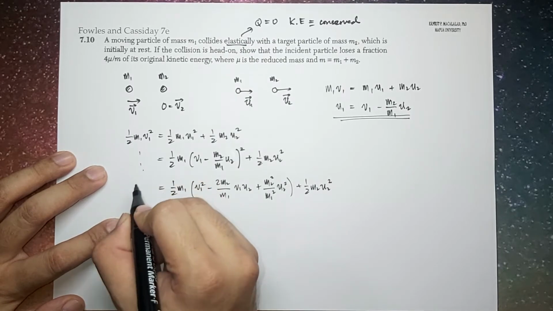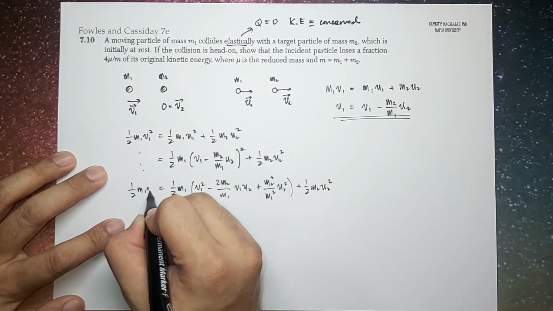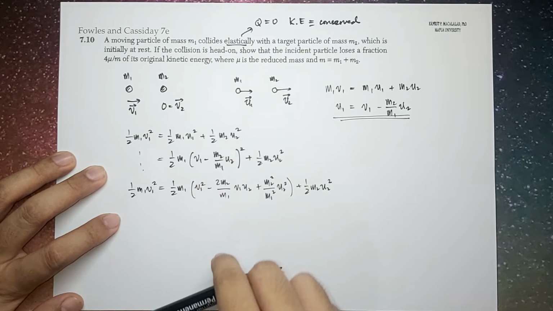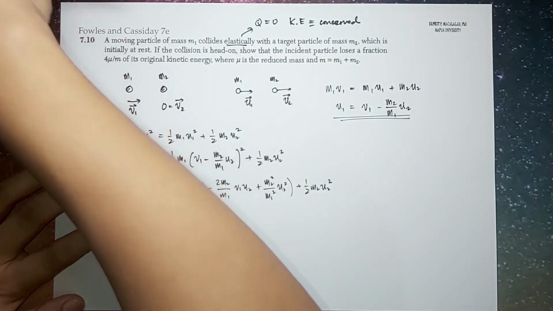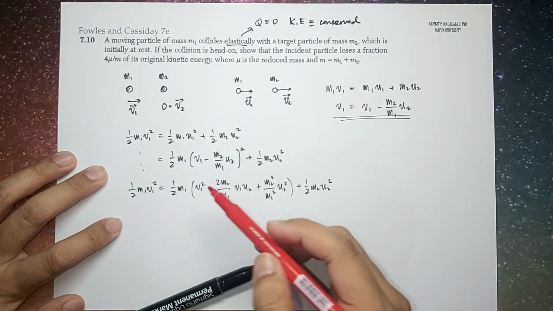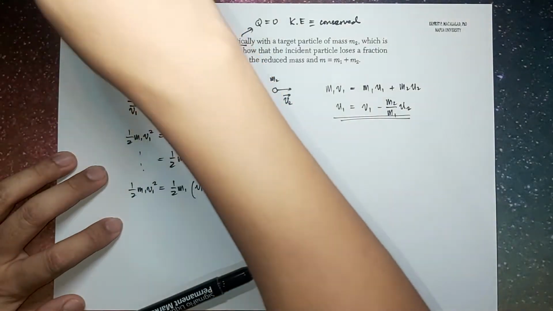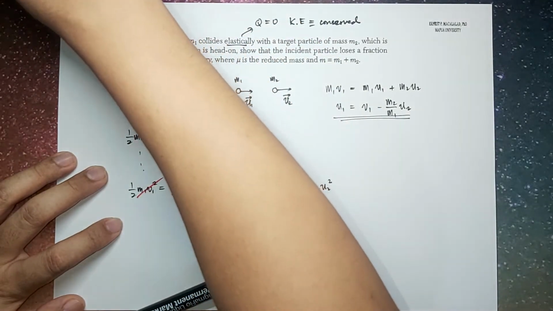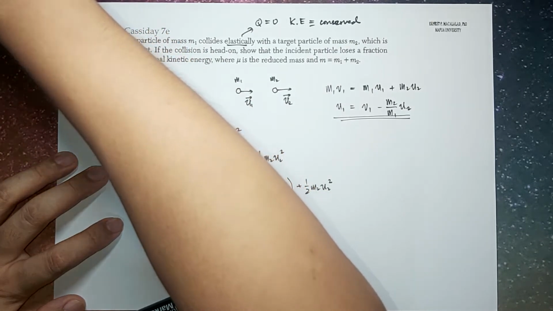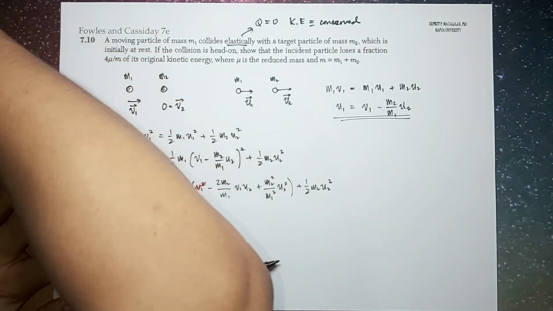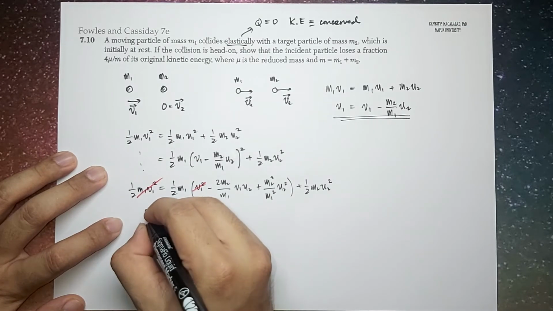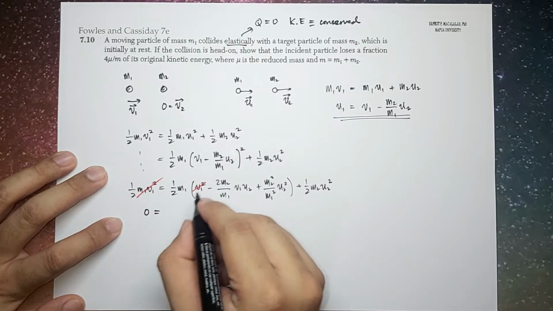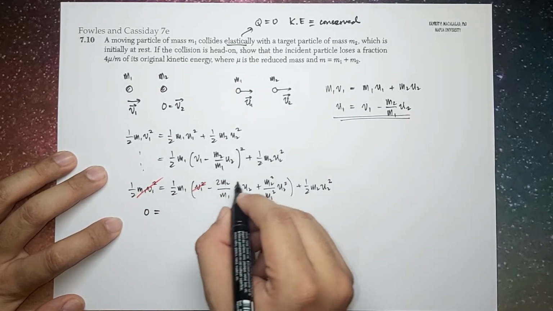Okay, so this is 1/2 m1 v1 squared. So from here we can cancel these two terms, this term and this term.